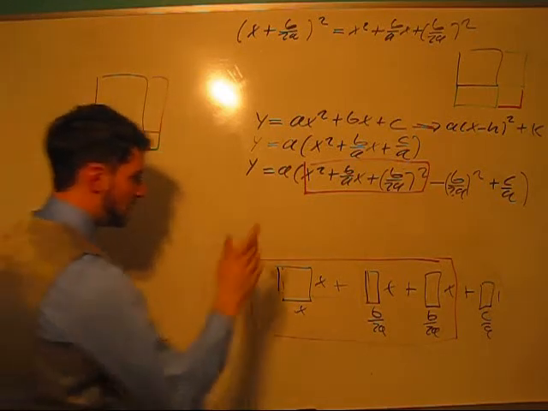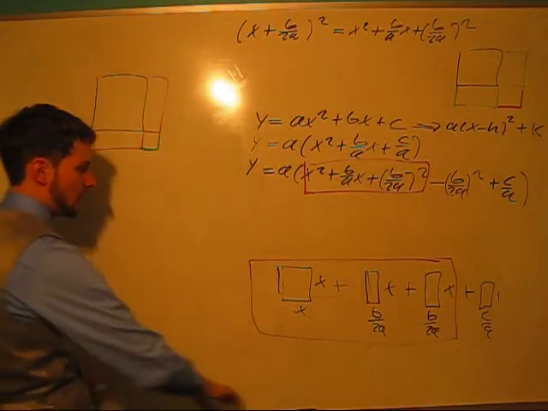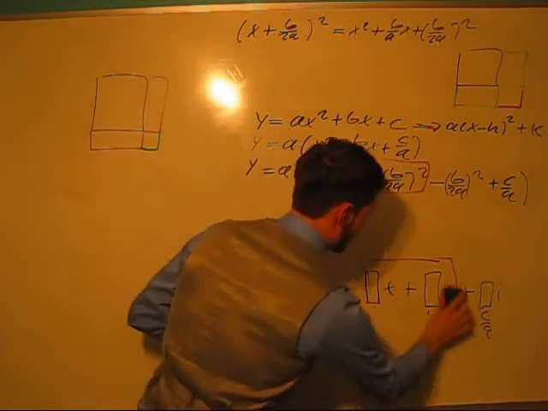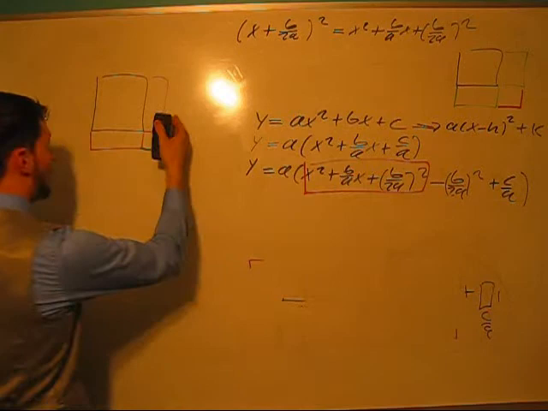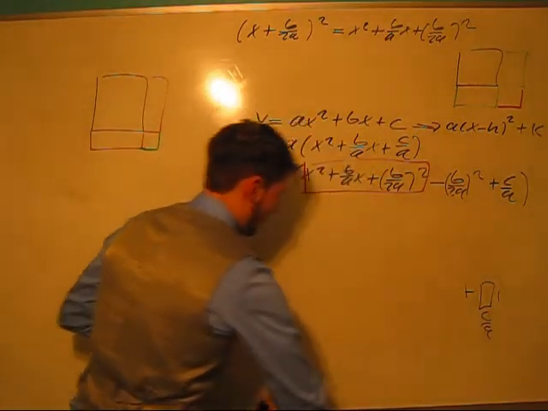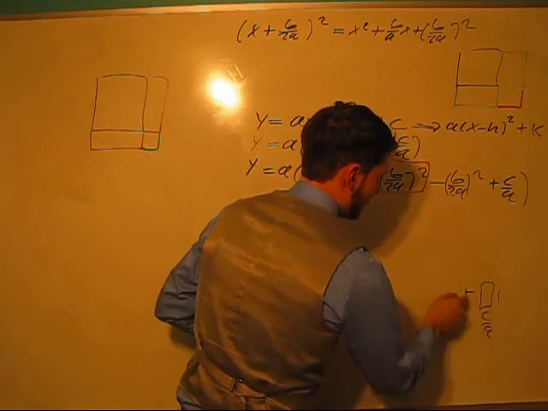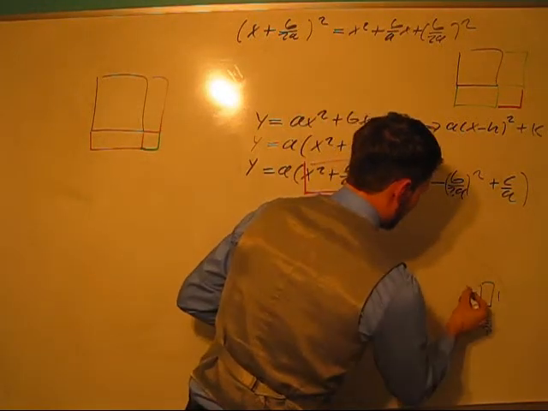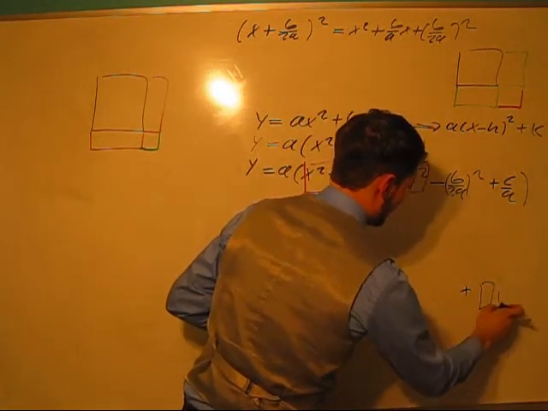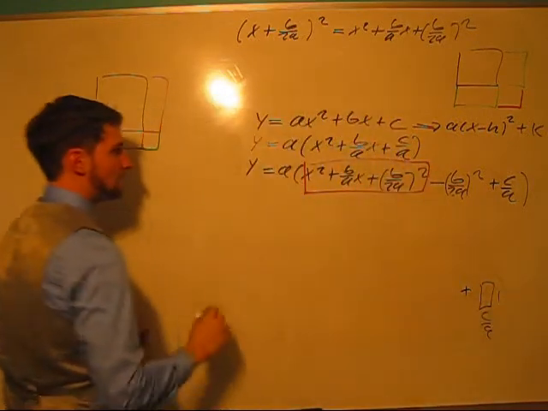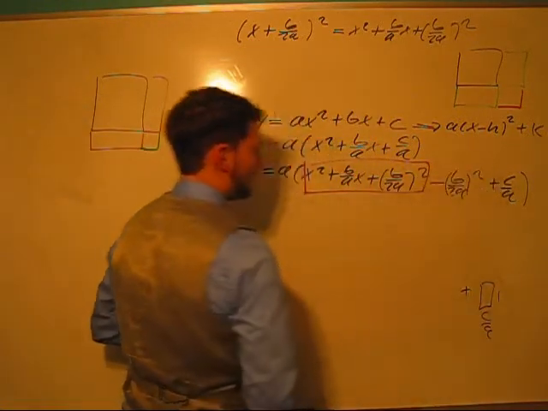But now notice that in doing that, we've got two things going on here. These have all been used now to make this perfect square. And as I said before, we have some junk left over. The junk, namely in this case, being this figure, which is a positive, but it's c over a, with dimensions 1 and c over a. And also we have the opposite of b over 2a squared.